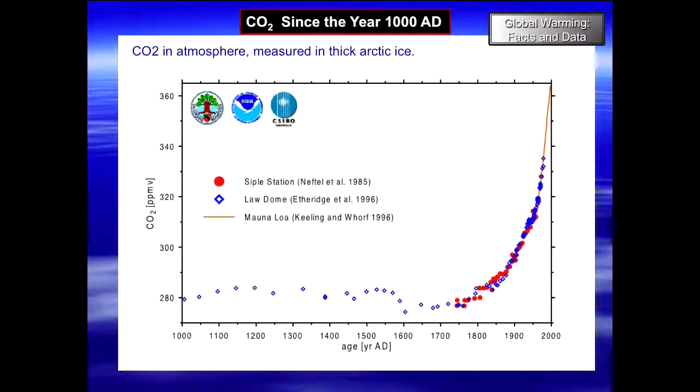Here you see it. There's the year 1000. You could go back to the birth of Christ if you want to. It doesn't change. And you can see that the amount of carbon dioxide in parts per million was about 280. Through the Middle Ages, the Dark Ages, the Renaissance, here Columbus, and so on. Here's Baroque music, Beethoven.